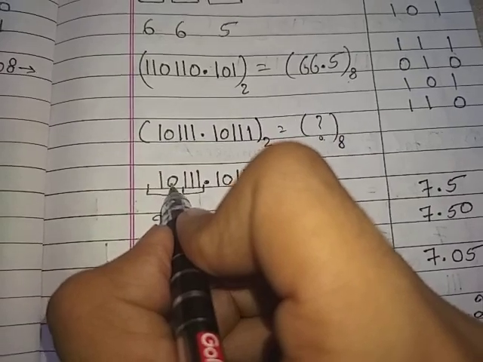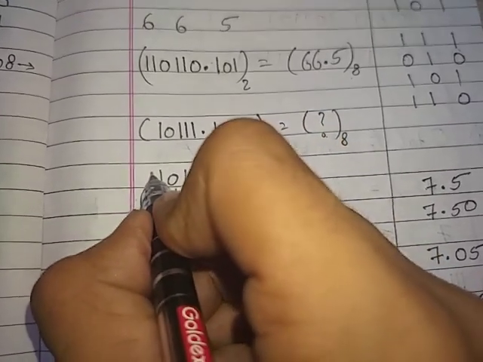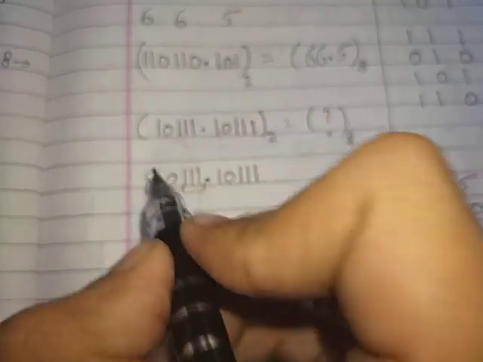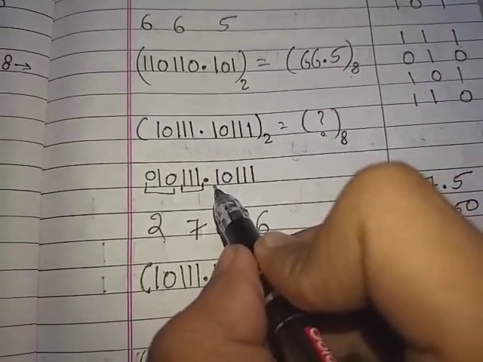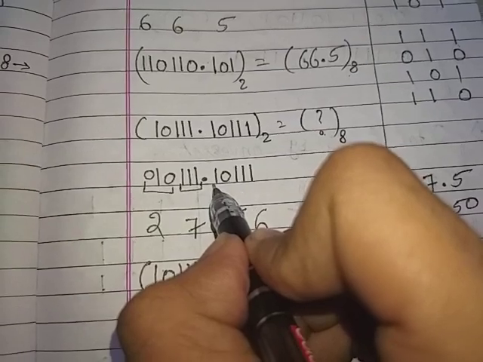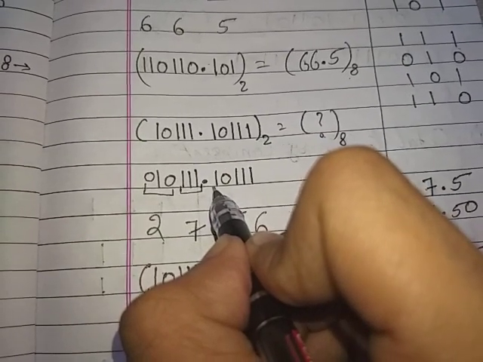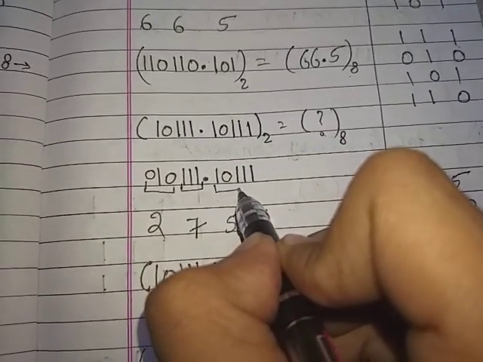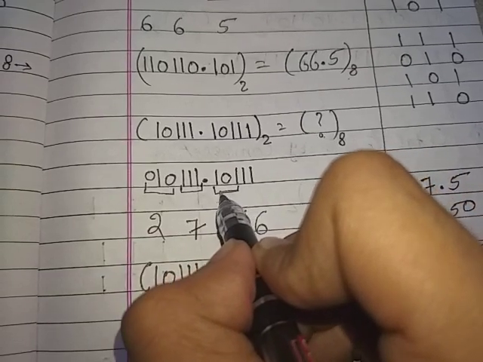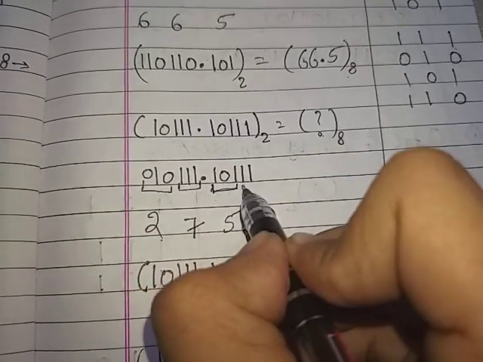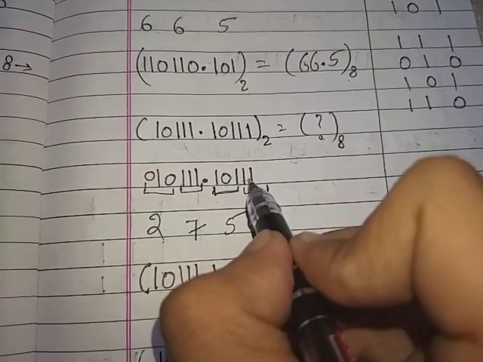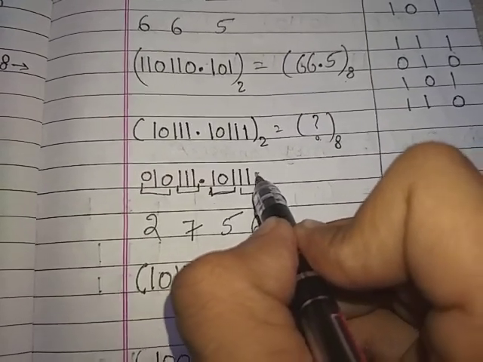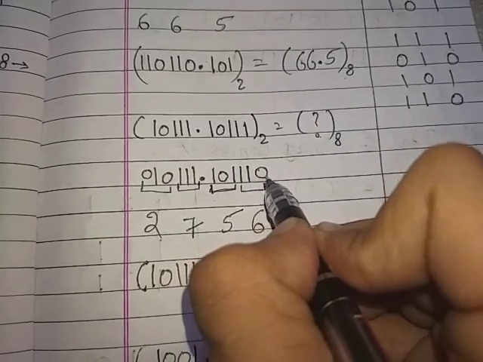Now the second group consists of only 2 bits, so I will add a 0 on the leftmost side. Now on the right hand side of the decimal point we will make groups from right to left of 3 bits. Here it is one group and another group. Again the last group consists of only 2 bits, so I will add a 0 on the rightmost.